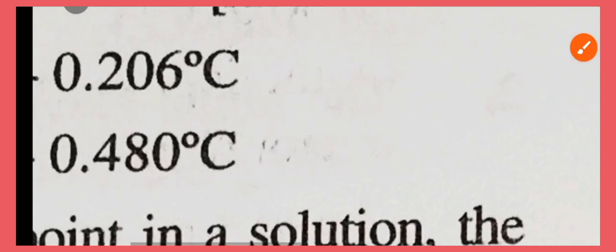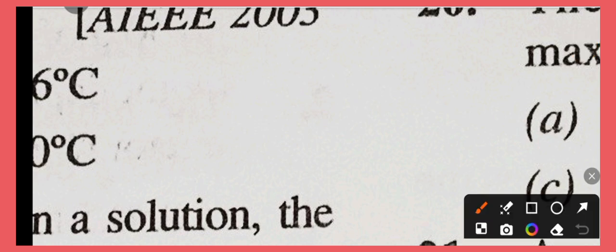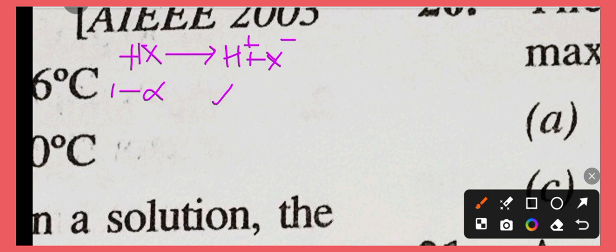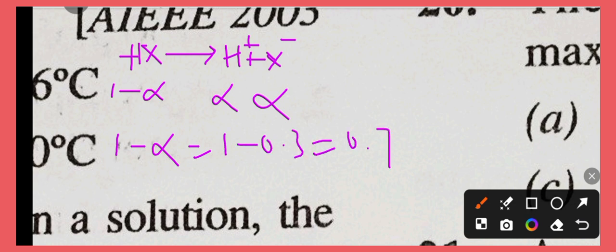Let's calculate. Here when HX dissociates, H plus and X minus are present. Here 1 minus alpha, alpha and alpha. Here alpha is the degree of dissociation. 1 minus degree of dissociation, that is 1 minus 0.3, is equal to 0.7.